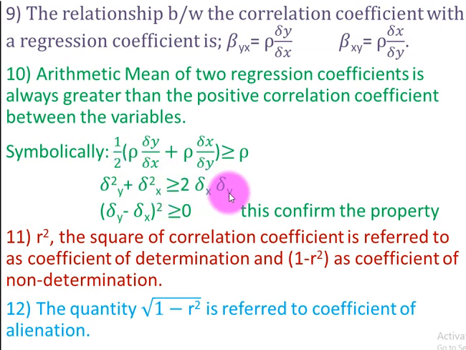Also sigma x and sigma y will be on the right-hand side because we multiplied on both sides.